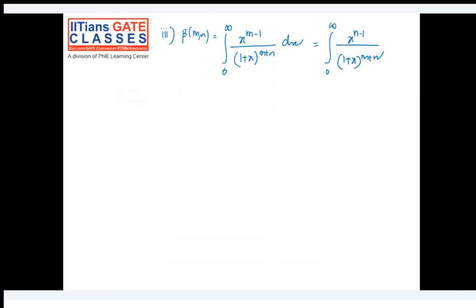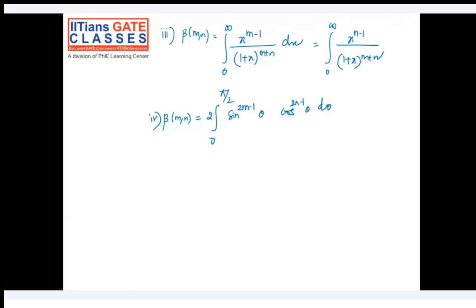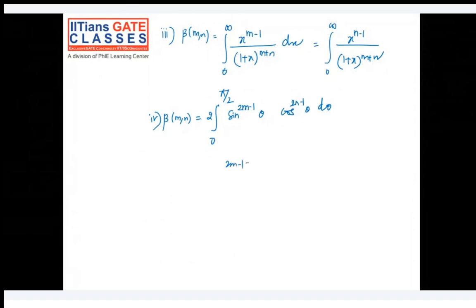And the last property you should know is the beta function can also be written in the form of sine and cosine function: 2 times integration 0 to pi by 2 sine raised to the power 2m minus 1 theta, cos raised to the power 2n minus 1 theta d theta. And in general, for example, if 2m minus 1 equals p and 2n minus 1 equals q, how will this integral look?